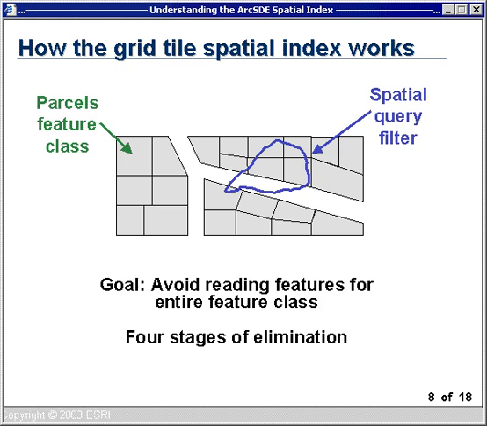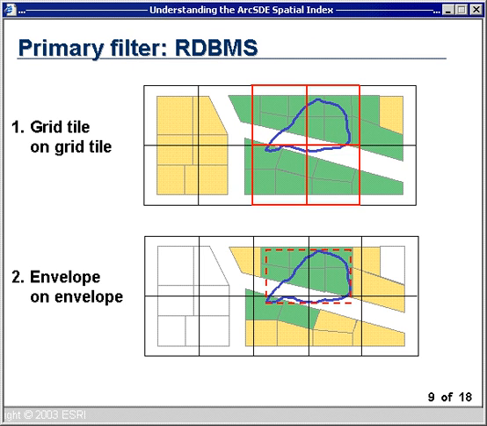The first couple of stages, like I said, are the primary filter, if you will. It's handled by the RDBMS, so this always takes place on the server, directly within the database. What ArcSDE is doing is determining ahead of time which grid tiles that spatial query filter, the blue shape, is crossing.